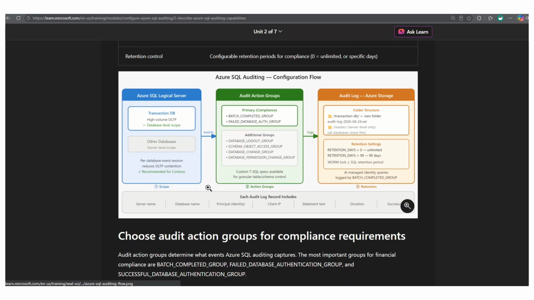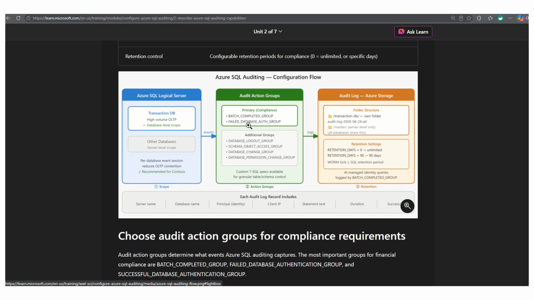Okay. And so here is the configuration flow. So first you can configure the Azure SQL logical server, the transaction DB, that kind of stuff. And then that would do all the databases.